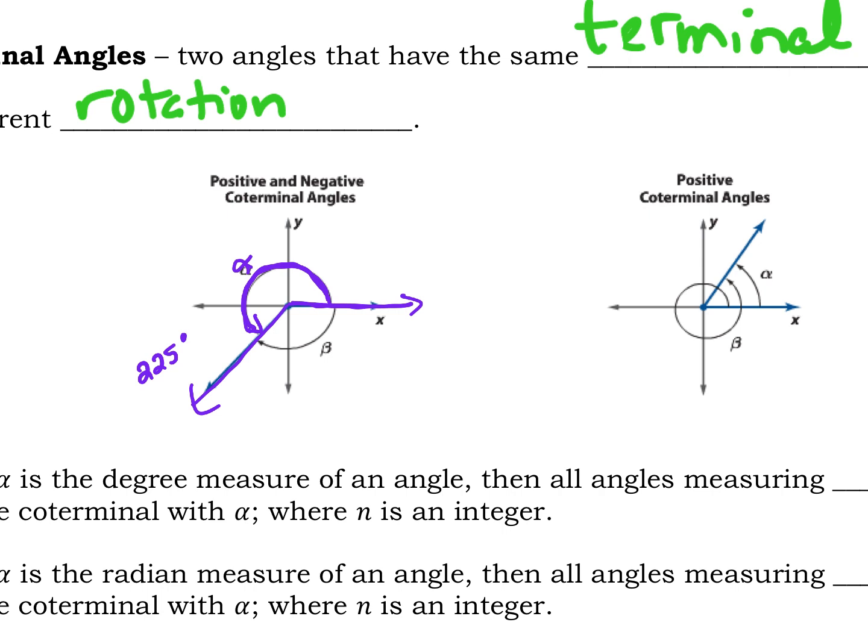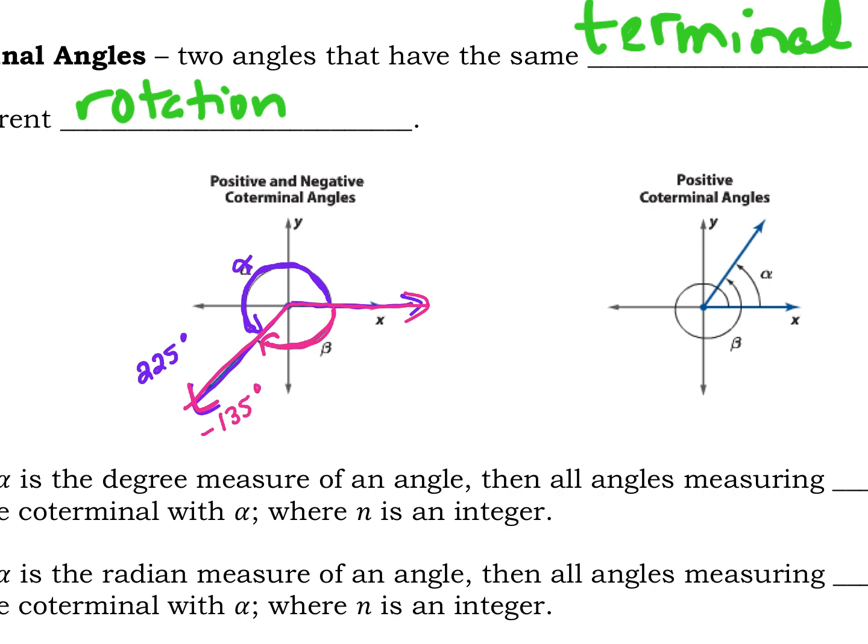Okay? But then I want you to notice it's also showing starting in that same initial position and we're rotating, we're still stopping in that same exact spot. So they are coterminal angles. This rotation, though, what this is saying is we're rotating in the negative direction. That ends up being a negative 135 degrees.